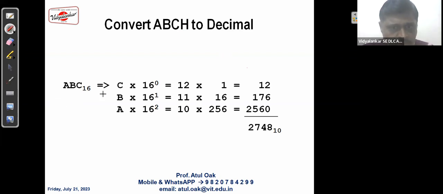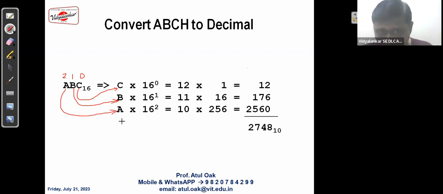I start with C. So C multiplied by 16 raised to 0, because the weight is 0. This particular weight is 0, this is 1, this is 2. Then B multiplied by 16 raised to 1 because the weight is 1. Then A multiplied by 16 raised to 2 because the weight is 2.